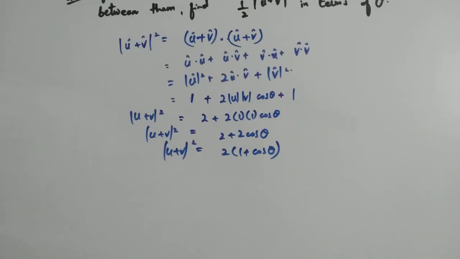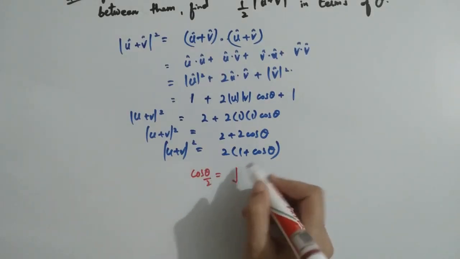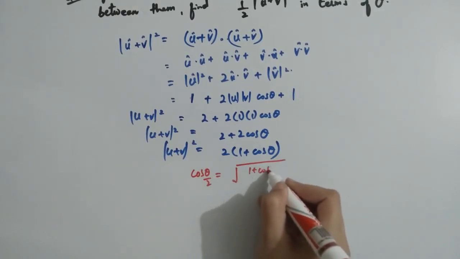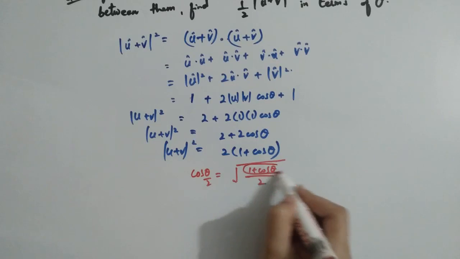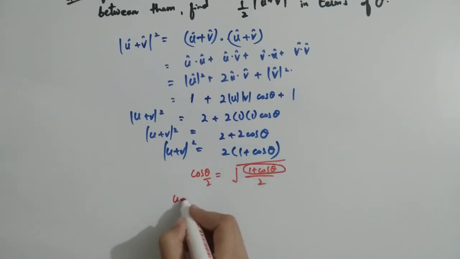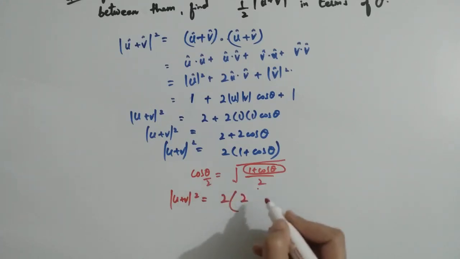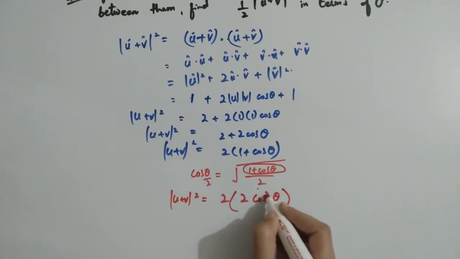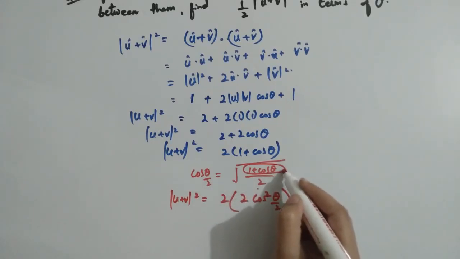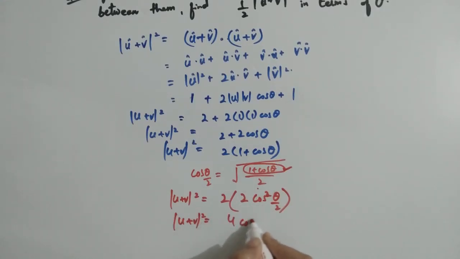Now using the half angle formula, you know that cos²(theta/2) equals (1 + cos theta)/2. From this, taking the value of 1 plus cos theta, you can write |u + v|² equal to 2 times 2cos²(theta/2), so |u + v|² equal to 4cos²(theta/2).